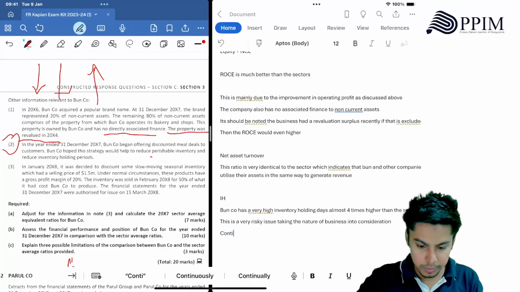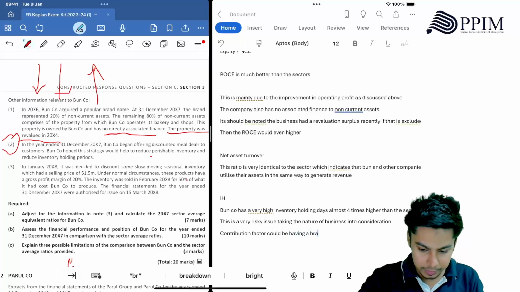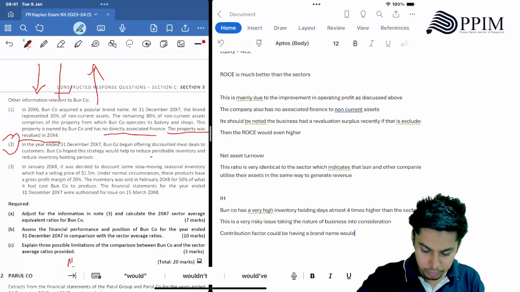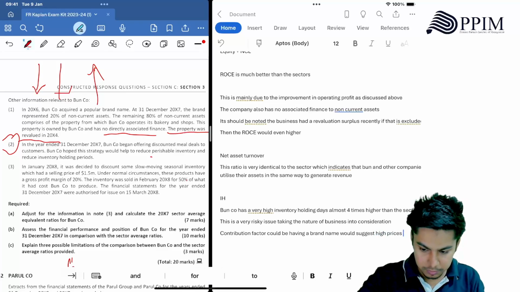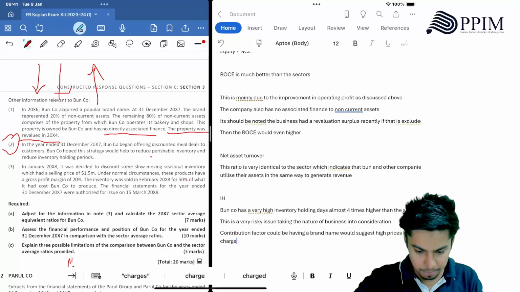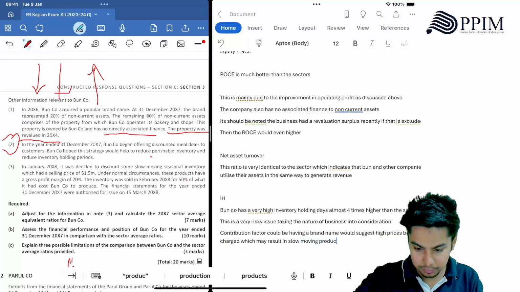Contributing factors could be having a brand name would suggest high prices being charged, which may result in slow moving products.